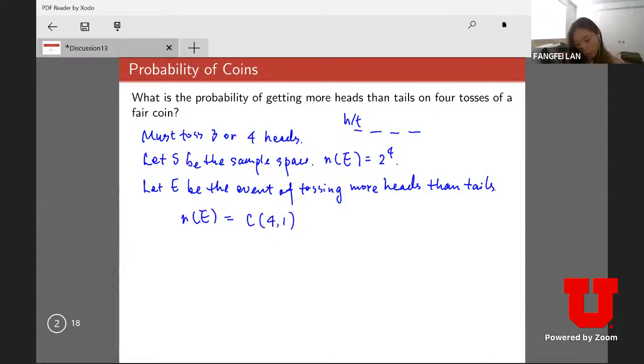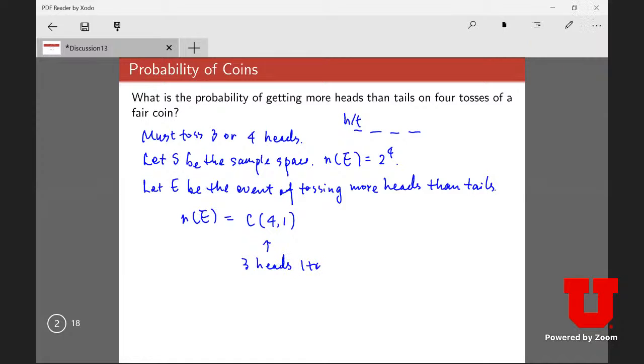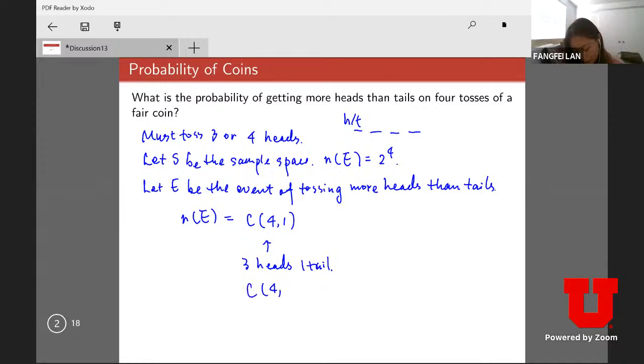Yep. So why is it 4 choose 1? Because with 3 heads, you're choosing one spot for where the tail is out of the 4. Yeah, exactly. And that is actually the same as 4 choose 3. There's no difference between these two. You can use either.